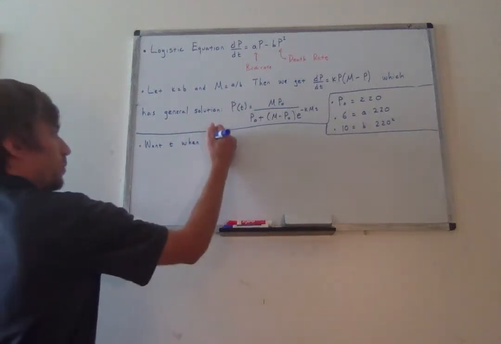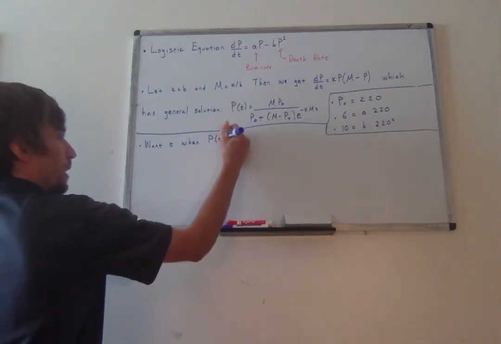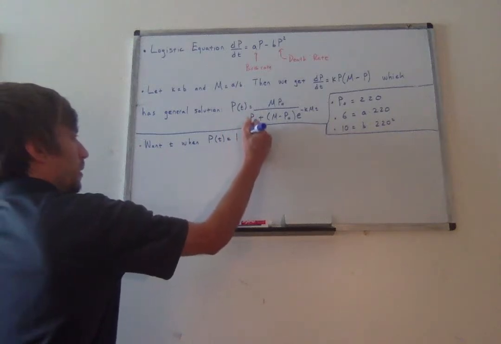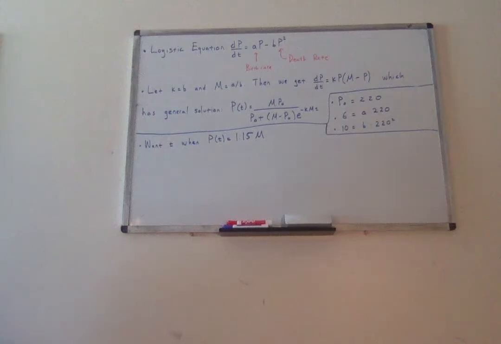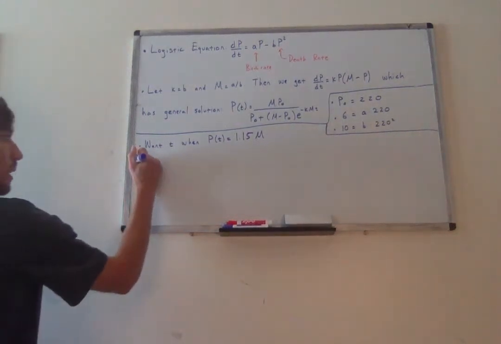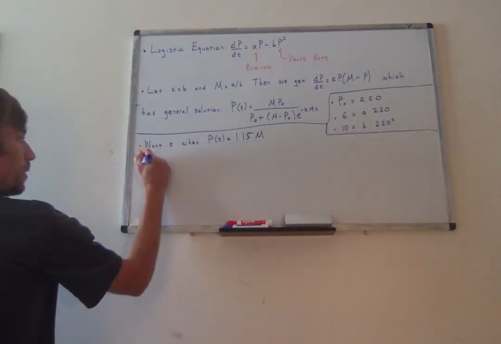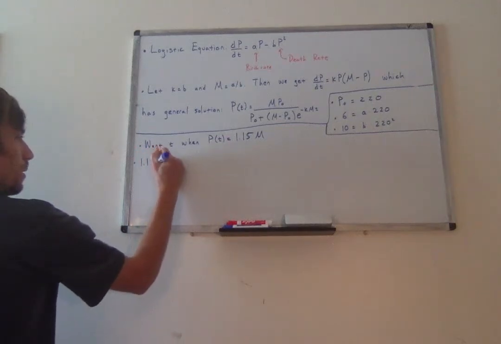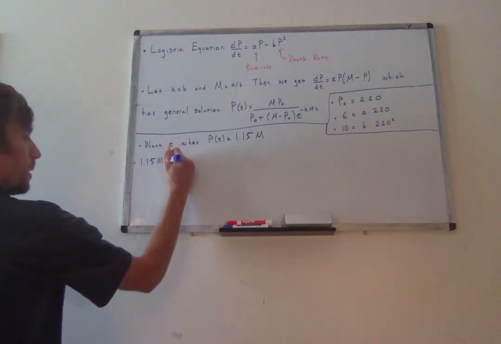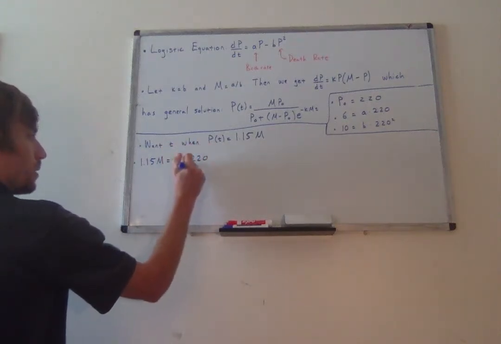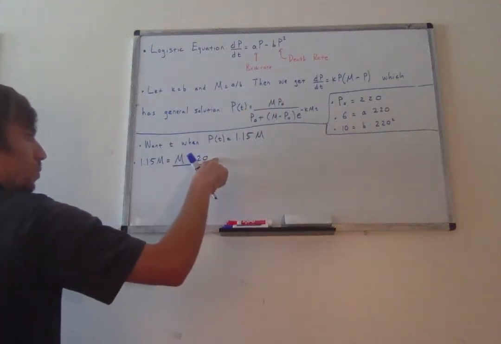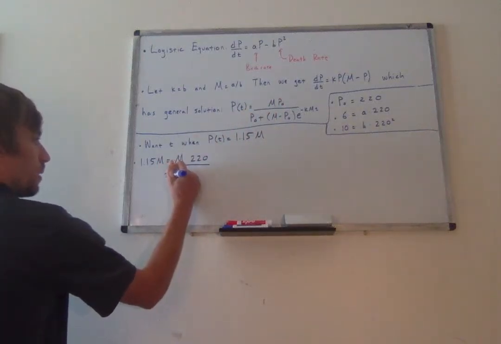What we want to know is the time t when the population has reached 115% of its carrying capacity, meaning when is P of t equal to 1.15 times M. So now we just have to solve for t in the following equation. I'm going to plug some things in here in a specific way. I'm going to plug in 220 for P sub 0 everywhere.